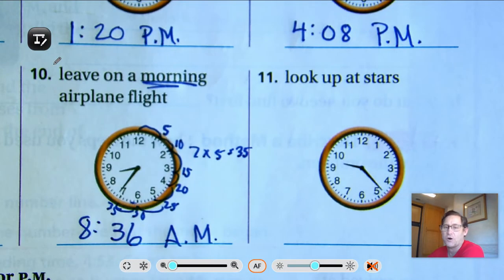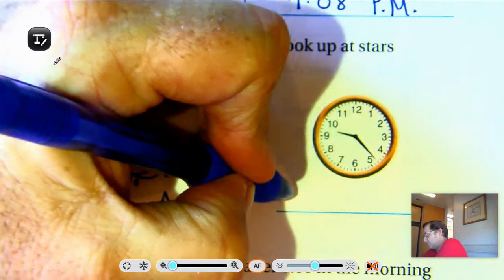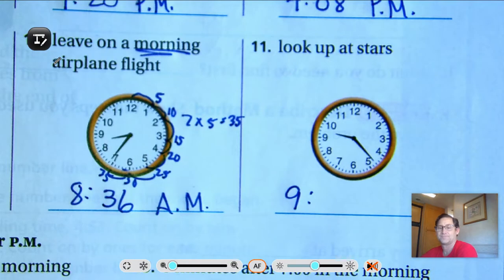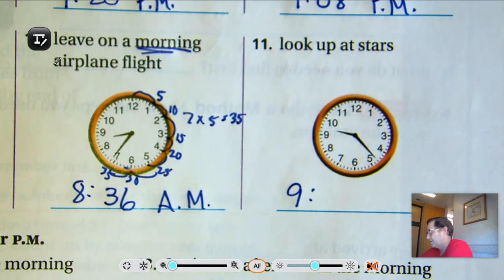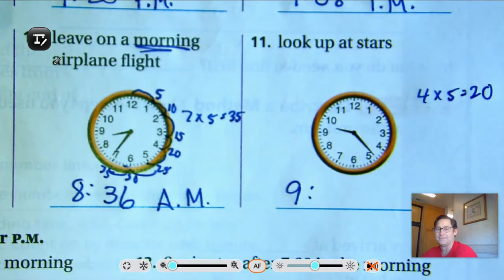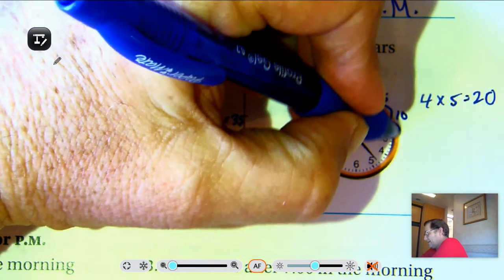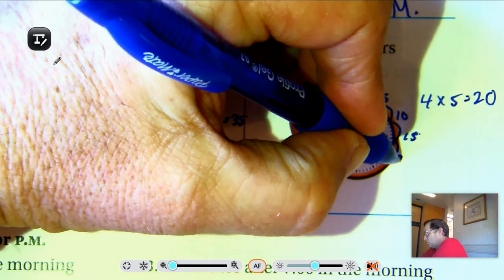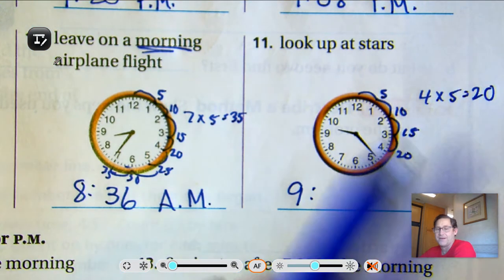All right, look up at stars. It's in between 9 and 10. So the hour is 9. The minute hand has not reached the 5. So 4 times 5, 20. Again, if I had to count forward, I go 5, 10, 15, 20. And I'm not going to count 5 as 25 because we're not there yet.